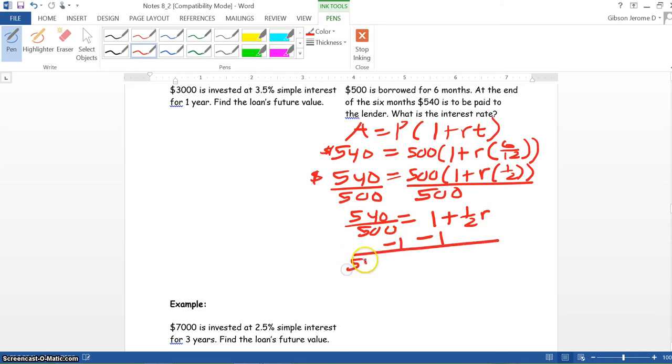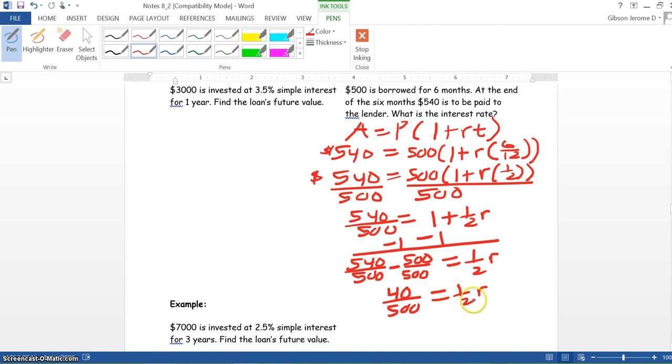So now we will have 540 over 500, and we would change this 1 to be a fraction having a denominator of 500. So that 1 that we subtracted will become 500 over 500, which we know is 1, and that would equal 1/2 times R. Now, 540 minus 500 is 40, divided by 500, and that equals 1/2 R.